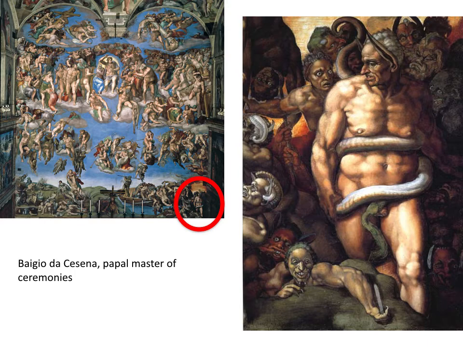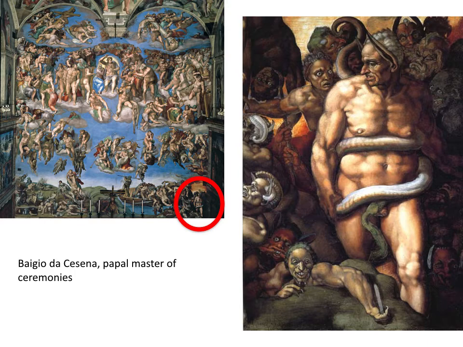Biagio da Cesena was a papal master of ceremonies, so he was a member of the church, and he actually criticized Michelangelo's work, saying that nude figures had no place in such a sacred place, and that the paintings would be more at home in a public tavern.